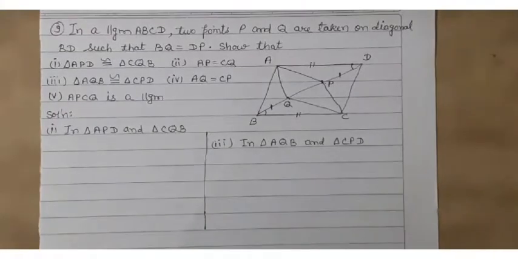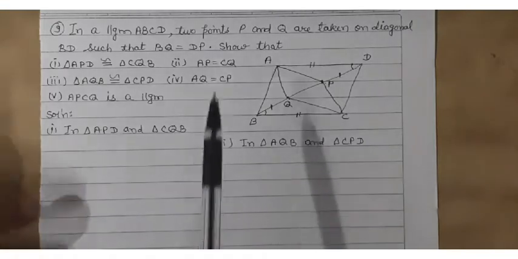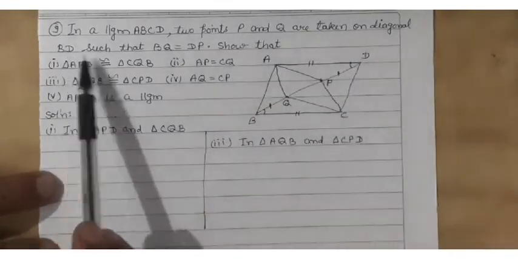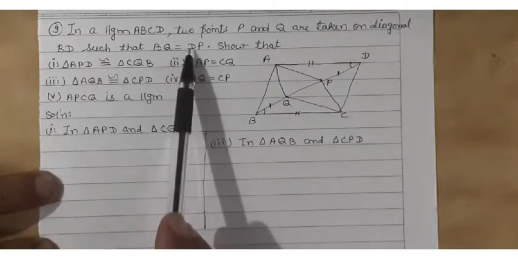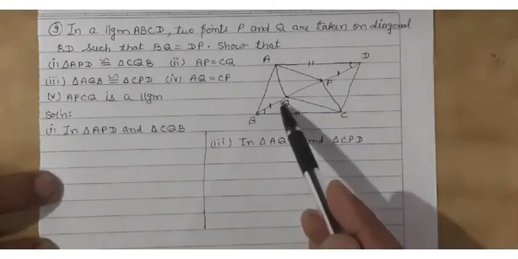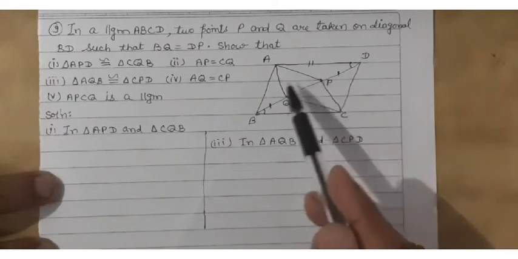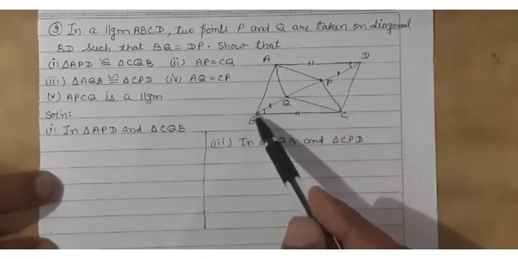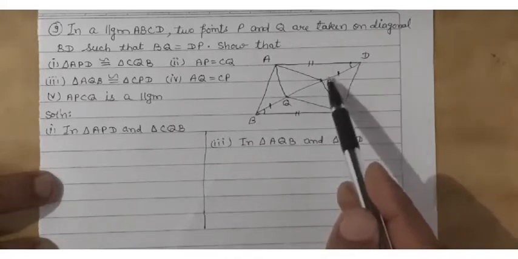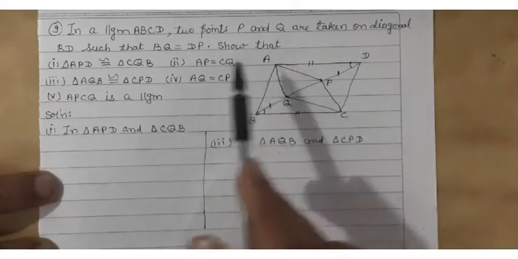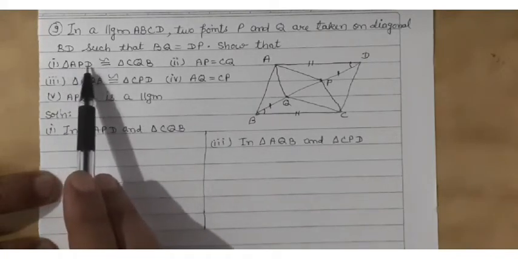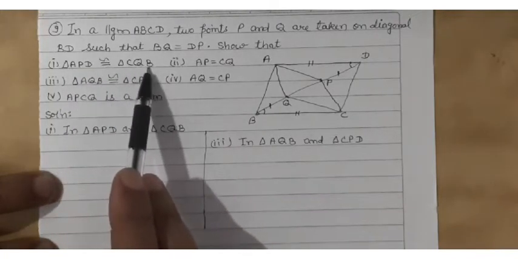Yes, question number 9. In a parallelogram ABCD, two points P and Q are taken on diagonal BD such that BQ is equal to DP. What you have to show: first, triangle APD congruent to triangle CQB.